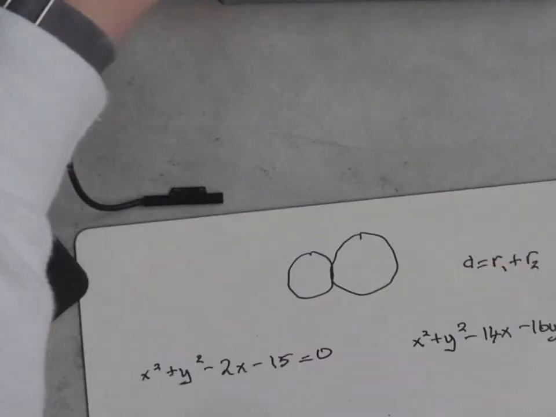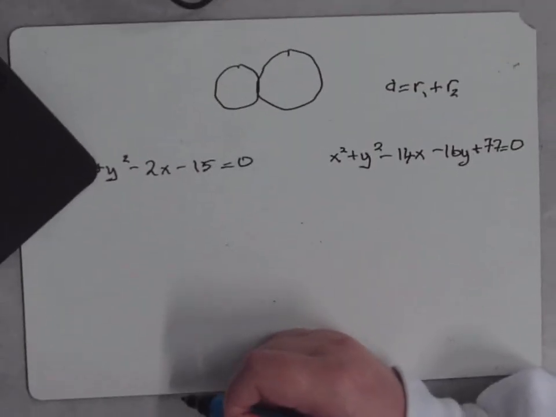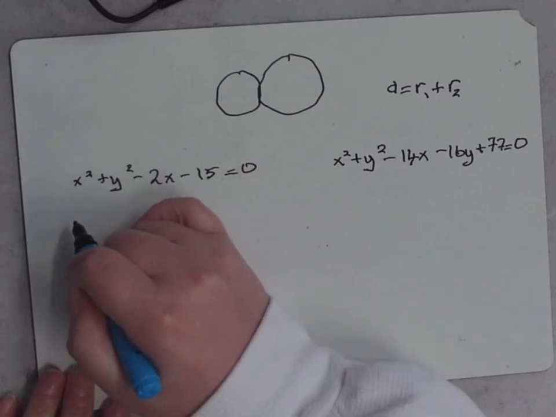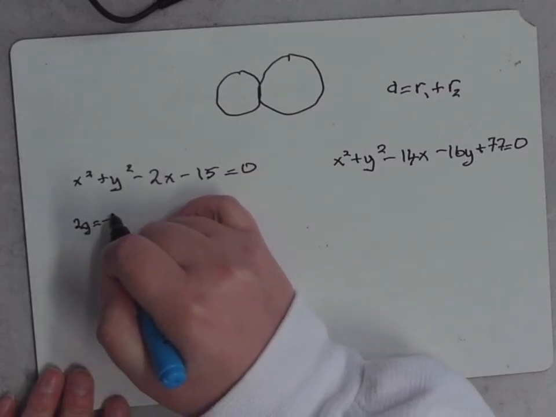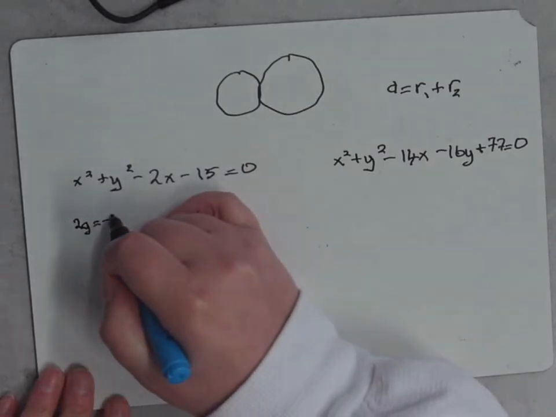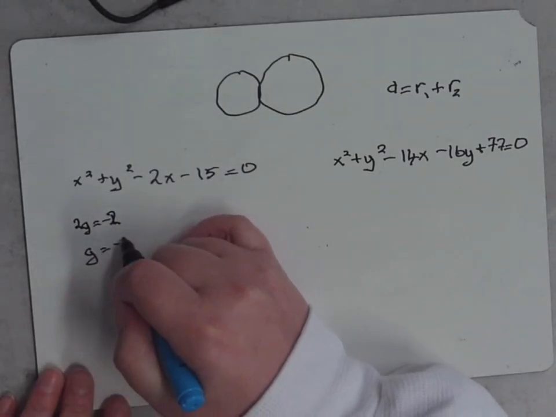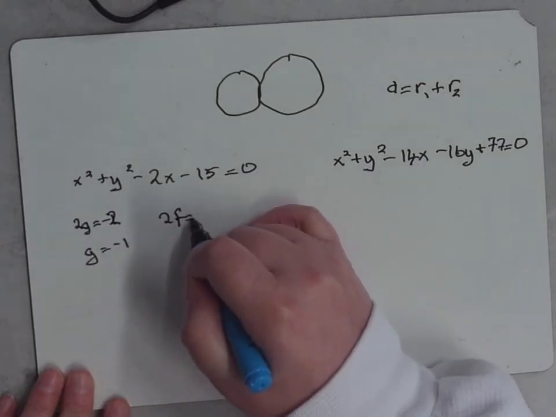Okay, and it's nowhere near where it's supposed to be. What's wrong with that? Okay, right, so we need to get the centre and radius of each circle. So here, 2g is equal to minus 2. I'm thinking ahead. g is equal to minus 1. There is no y term, so that means 2f is equal to 0.